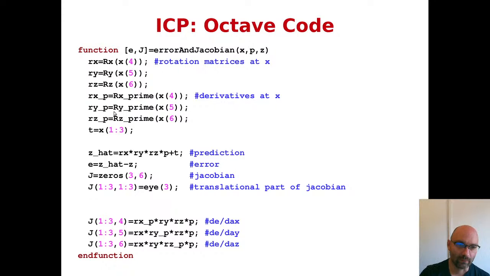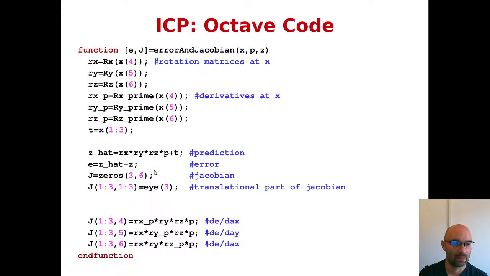And then, for consistency of notation, we also extract the translational component. Then we construct the prediction. We say that z hat is equal to the rotation times the point plus the translation, which is coherent with the h of x function in the slides. The error will be the difference between the prediction and the measurement.